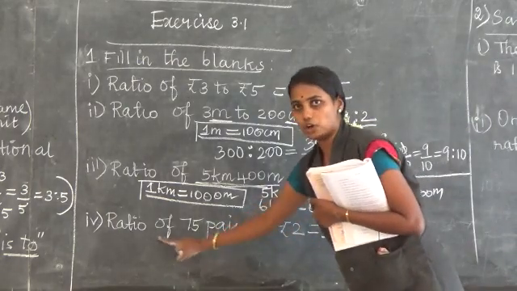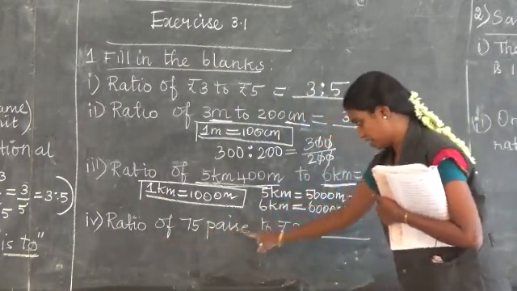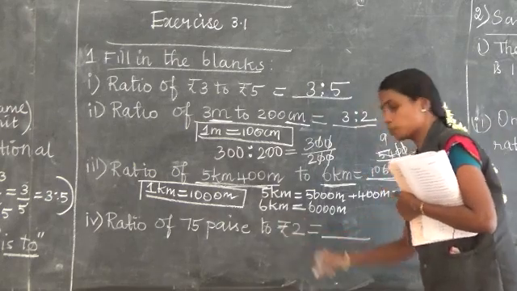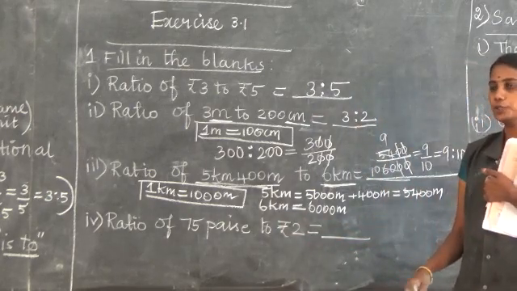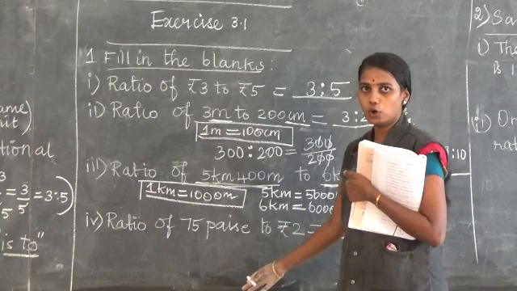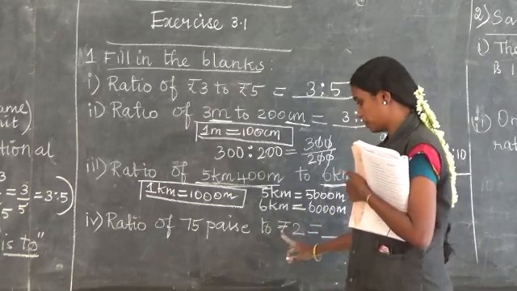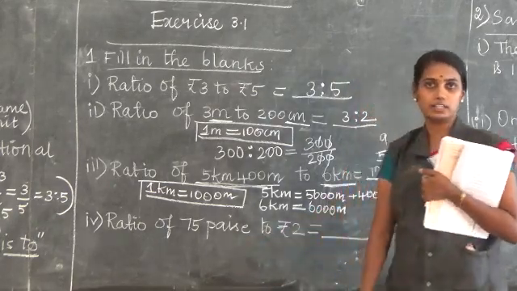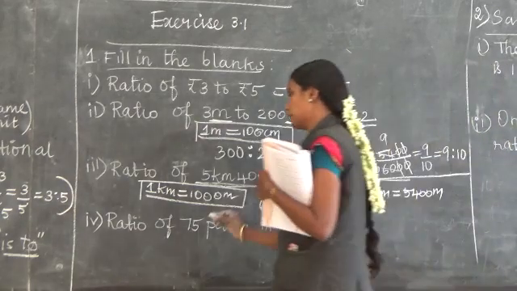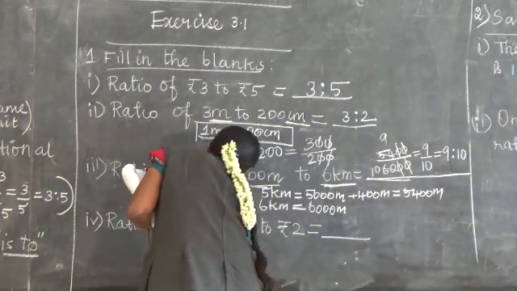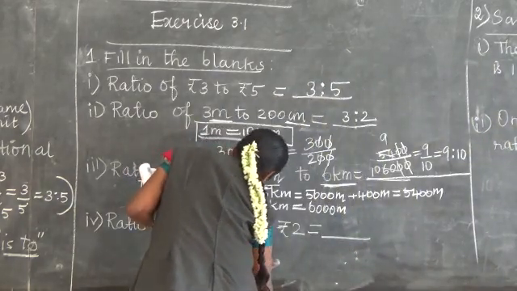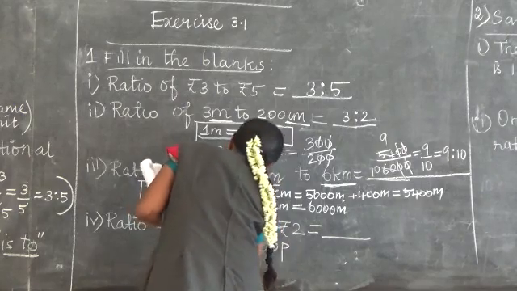Next, the ratio of 75 paise to, what is this? Rupees sign. Rupees 2. So convert into the lower unit. Rupees is the highest one when you compare to the paise. Yes or no? So 1 rupee is equal to how many paise? 100 paise.